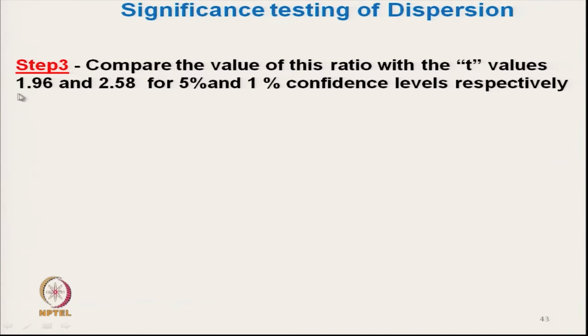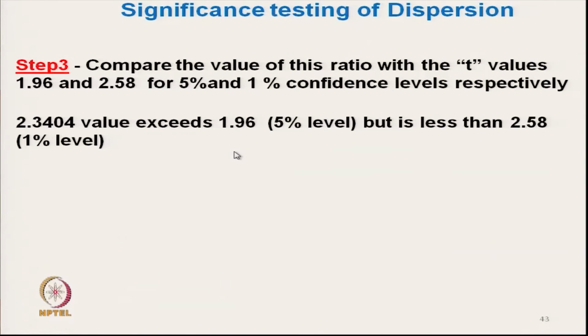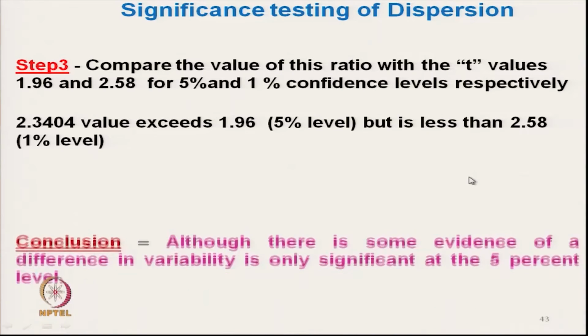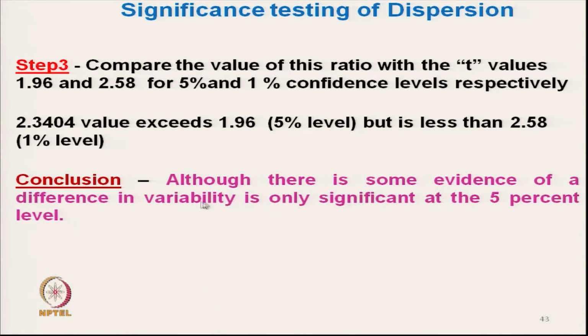Once we compare, 2.34 is higher than 1.96, but less than 2.58. So, the conclusion is that although there is some evidence of a difference in variability, it is only significant at the 5% level. It is not significant at the 1% level.